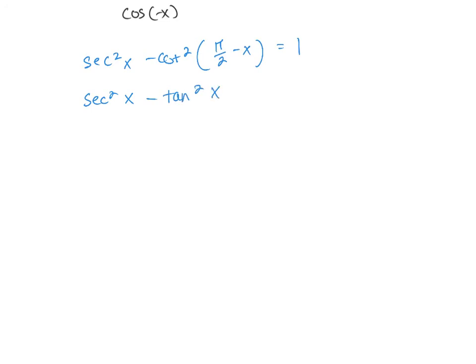As we should remember from our Pythagorean identities, 1 plus tangent squared of theta equals secant squared of theta. That also means secant squared of x minus tangent squared of x must equal 1. So this automatically equals 1.